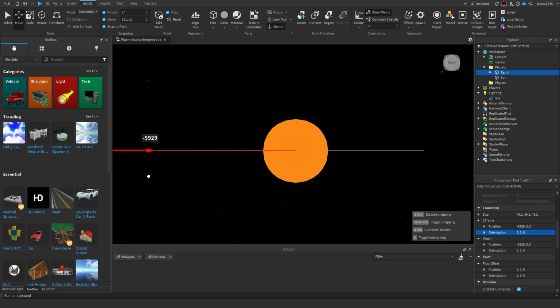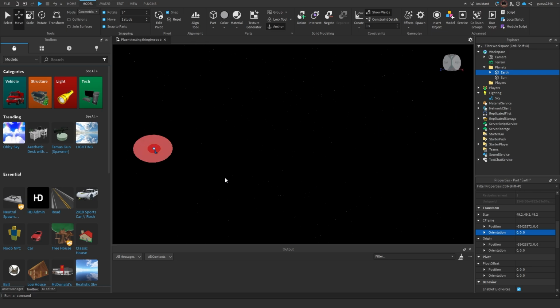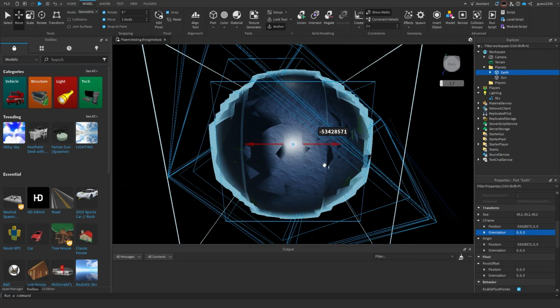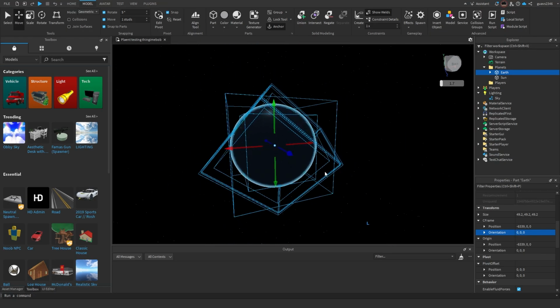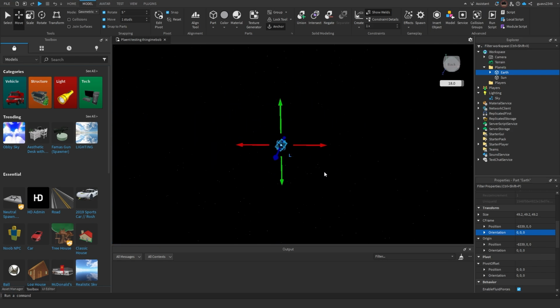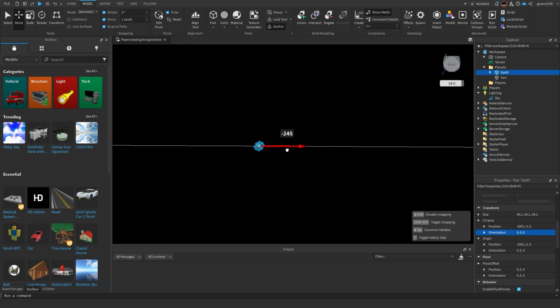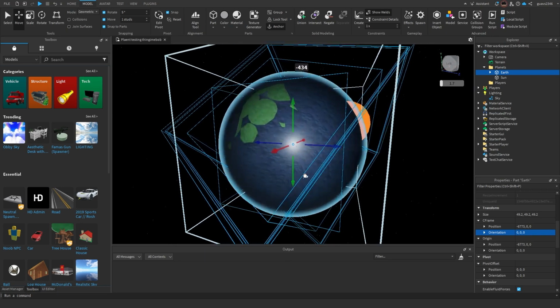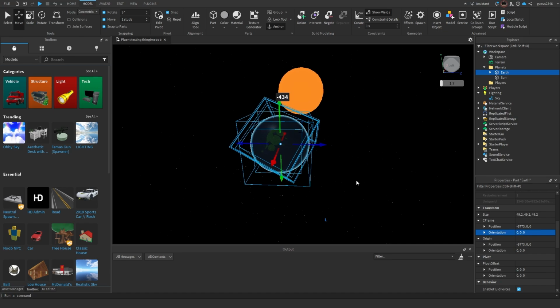Let's just go to 53,428,571. Yeah, it's getting nulled. Let's do around here. The Earth model, of course.